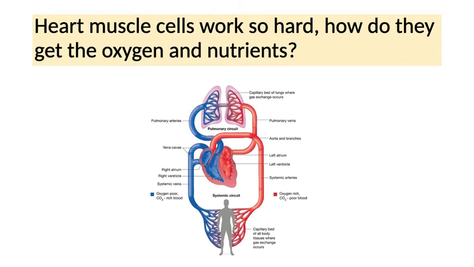And the second one is about the uniqueness of the heart muscle. It's like a question. Heart muscle cells work so hard, as you can see from the previous slides. But how do they get the oxygen and nutrients? From the diagram that we have learned so far, the two circuits, the pulmonary and systemic, you cannot see any blood vessels that actually reach the muscles of the heart.